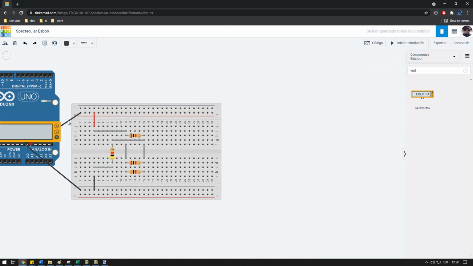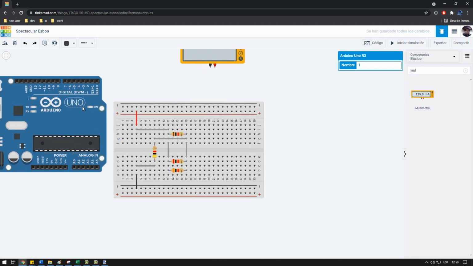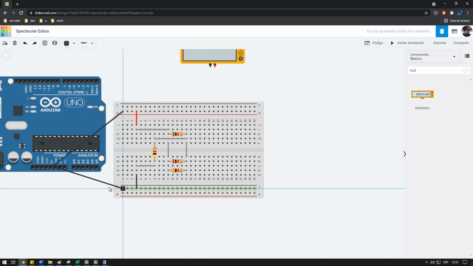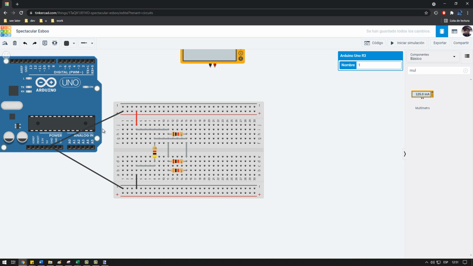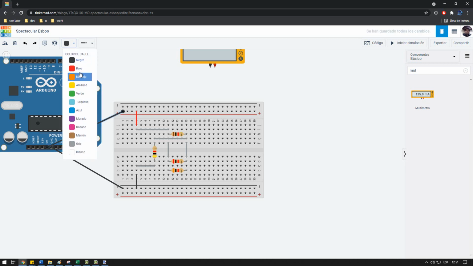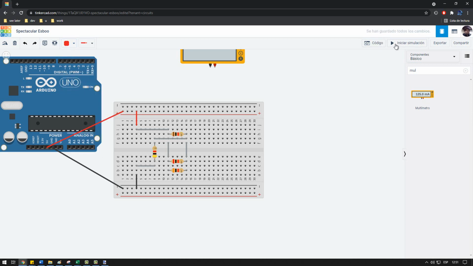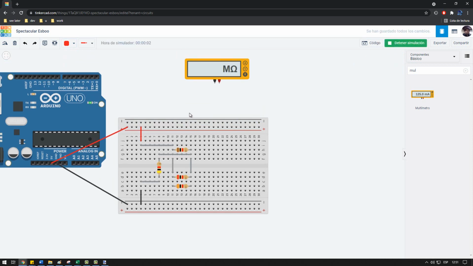I can delete this and delete that, and we can put 5V here and GND here, okay. And of course this is red and this black. I can start the simulation again. All is working well. It looks well, okay. And that's the end of part 2.